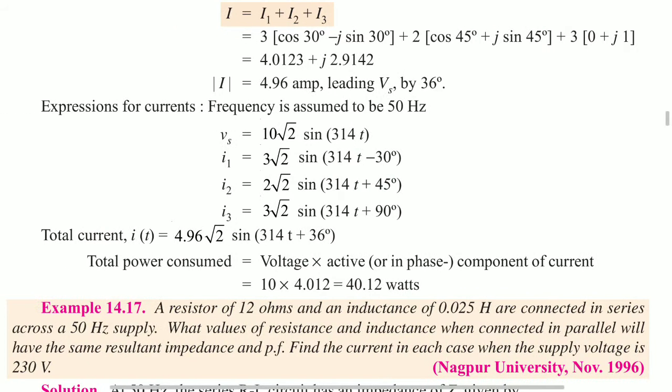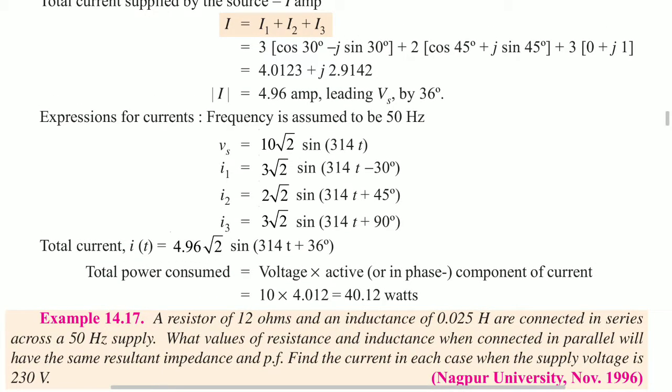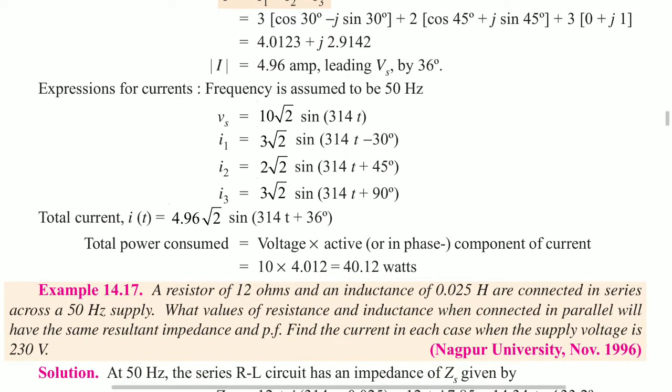The resultant current I of t is calculated, that is 4.96, and the phase angle is 36 degrees, that is, leading Vs by 36 degrees. So the total current I of t is equal to 4.96 root 2 sin omega t plus 36 degrees.